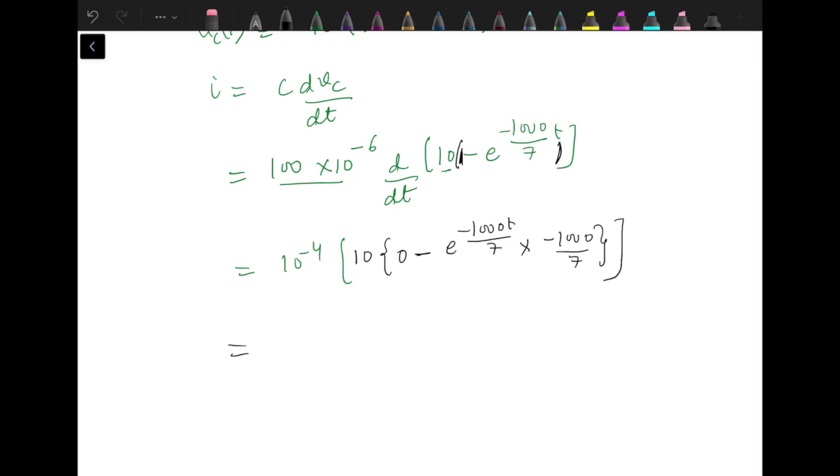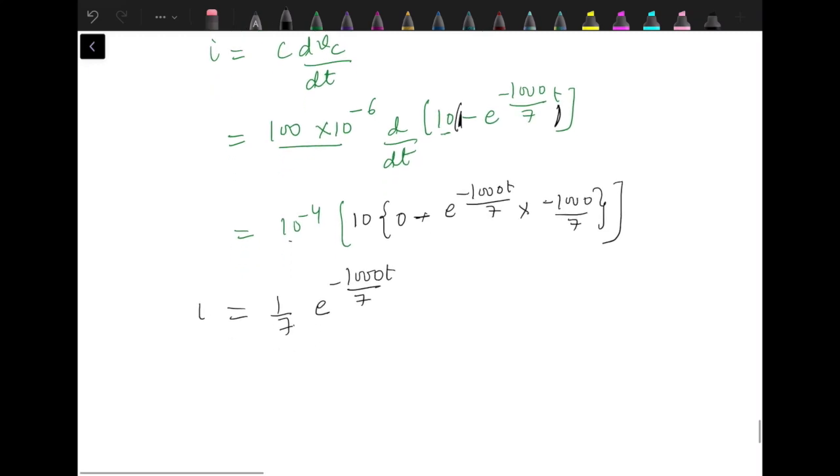So minus minus plus, and when we multiply all of them, it becomes 1 by 7 into e raised to power minus 1000 t by 7. This is the value of I, and this should be equal to 300 milliamperes.